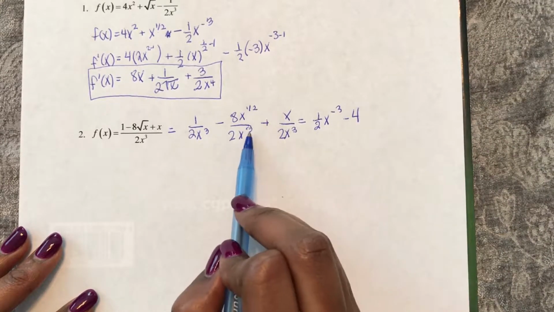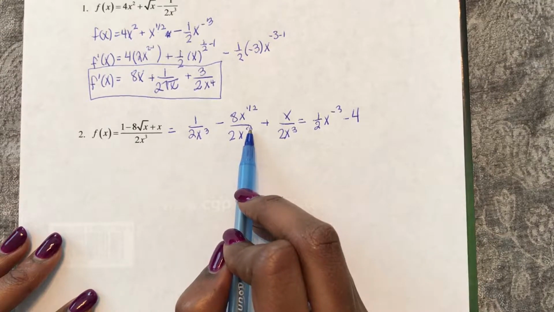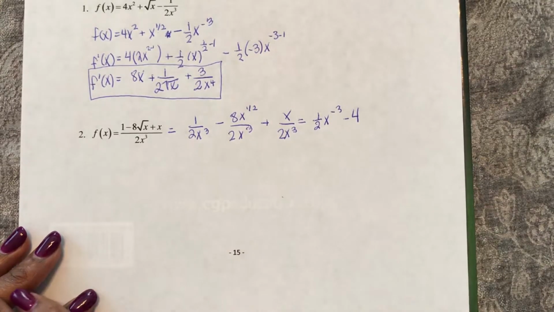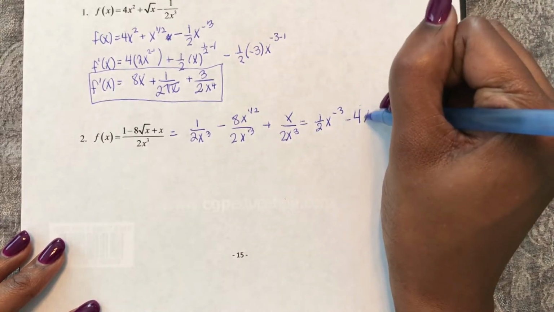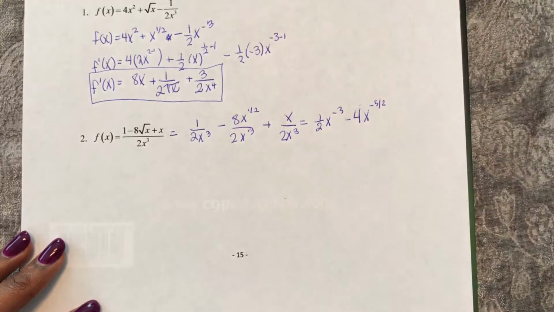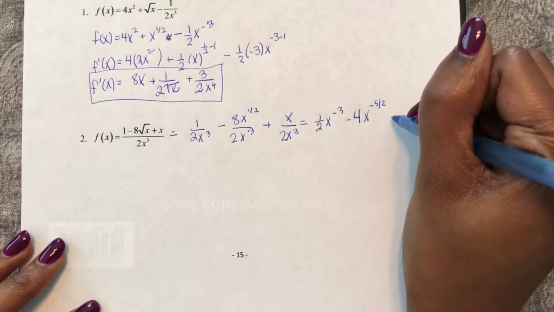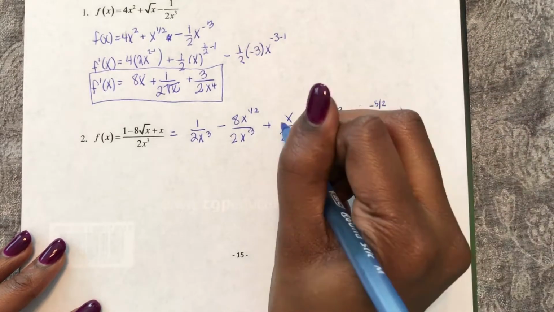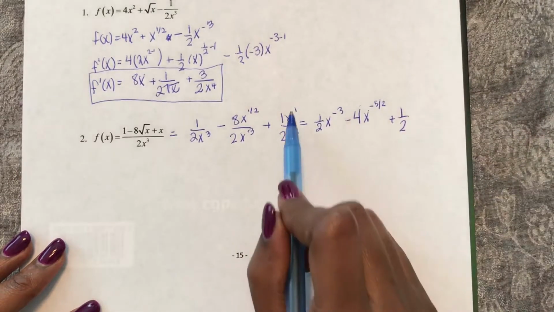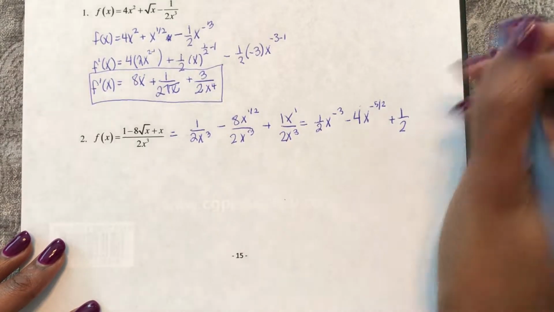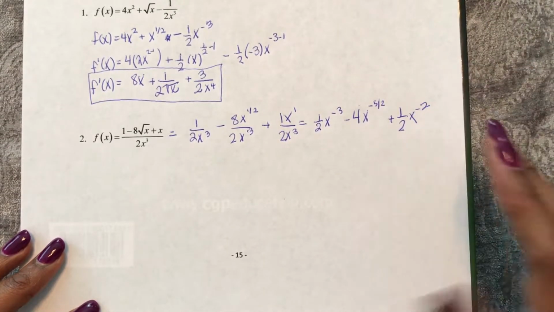And then 1/2 subtracting 3 is negative 2.5, or better said, negative 5 over 2. So that's x to the negative 5 over 2 power. And then this is plus 1/2 because this has a coefficient of 1. And this is x to the first power. 1 minus 3 is x to the -2.